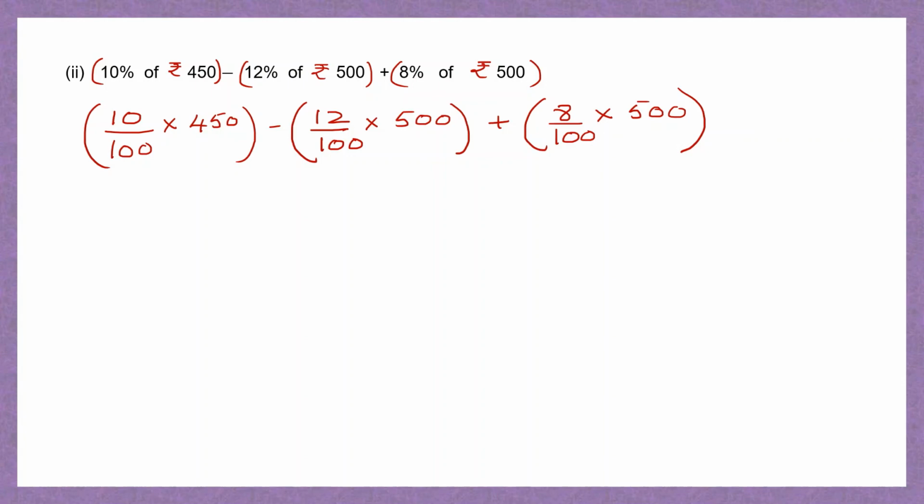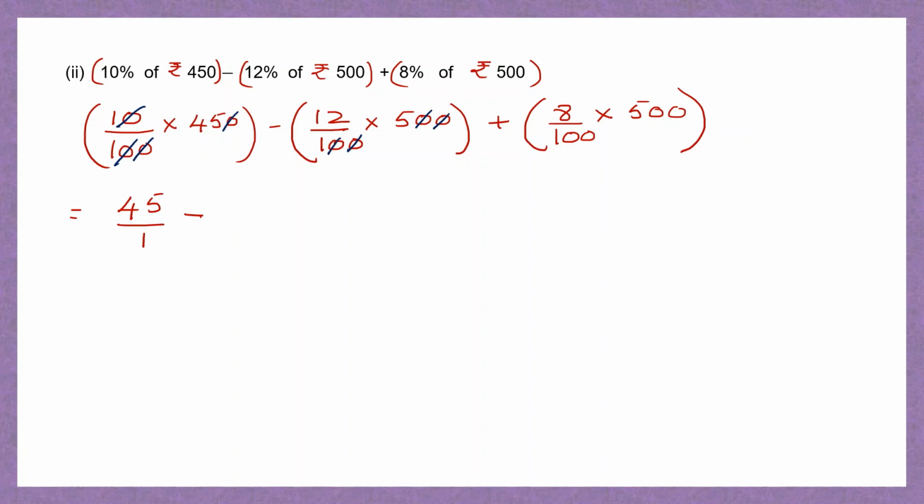Now the first one, 10 by 100 into 450. I'll cancel 1 0 on top, 1 0 down. I have one more 0 that I can cancel. So here I now have 1 into 45 is 45. Denominator is 1. Minus, let's go to the second one. 2 zeros in 500, 2 zeros in 100.